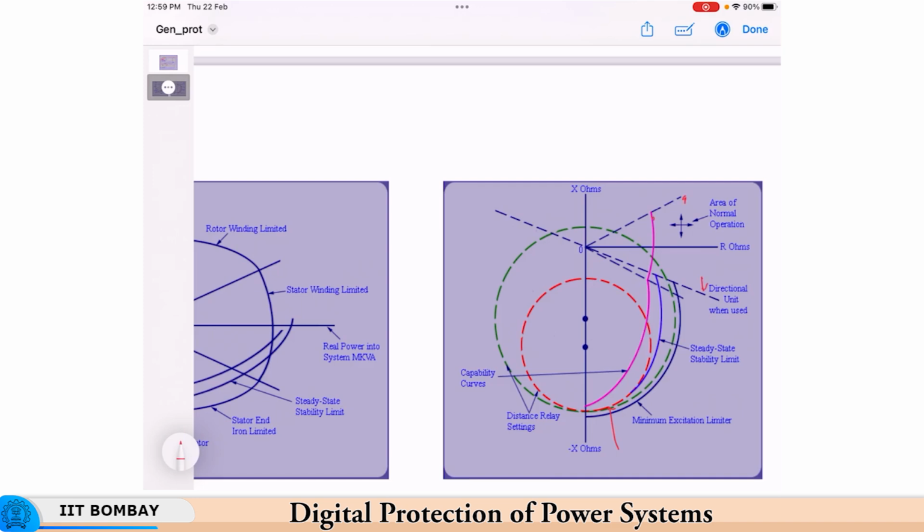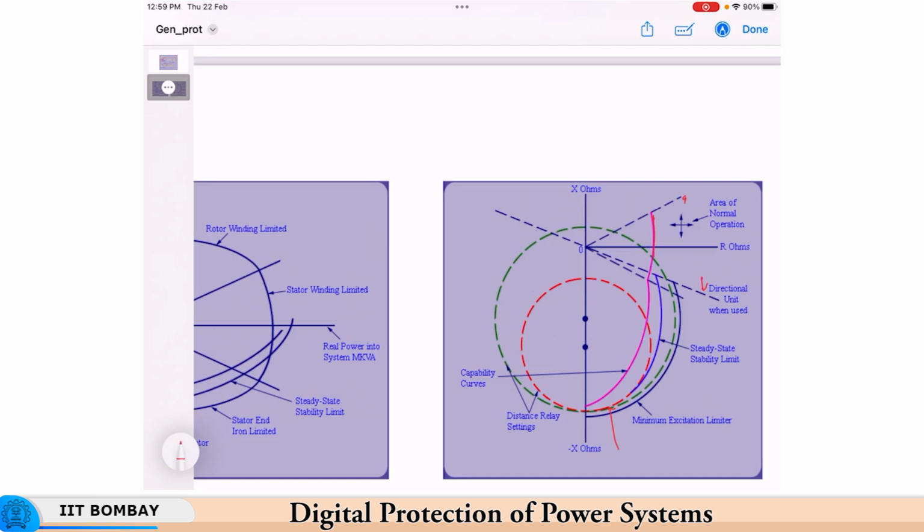If there is a complete loss of excitation, the impedance locus will move into the inner circle, depending on whether there is complete loss of excitation or only partial loss of excitation. If it moves here, then an operating time of about 200 to 300 milliseconds is given to shut down the generator.